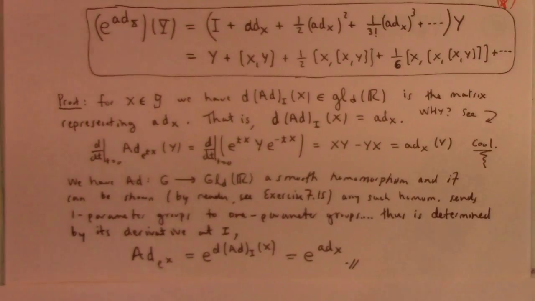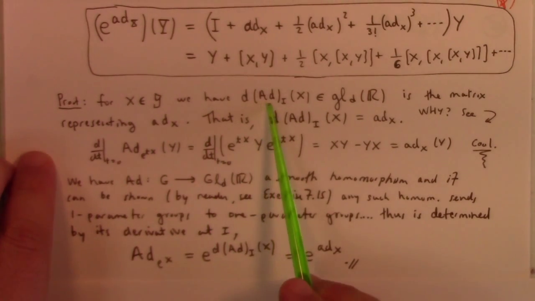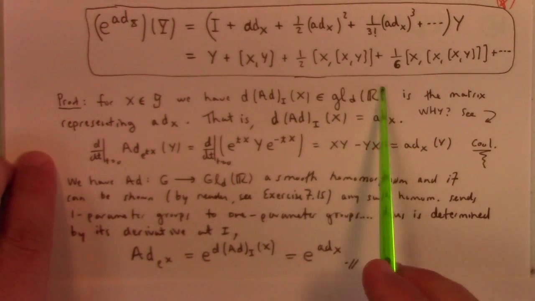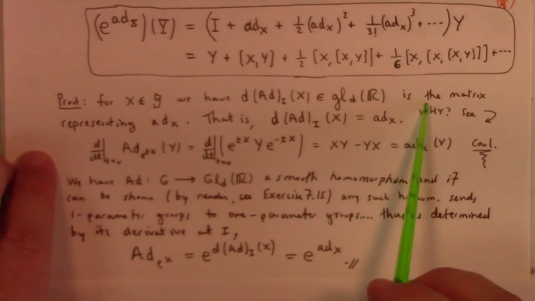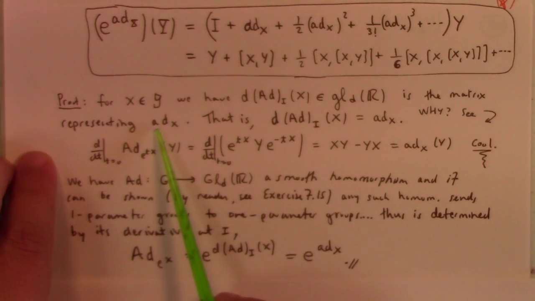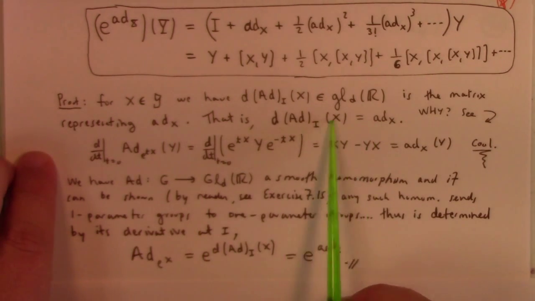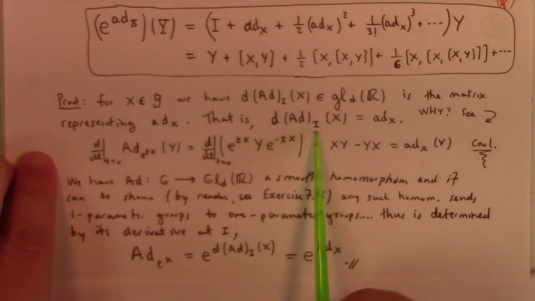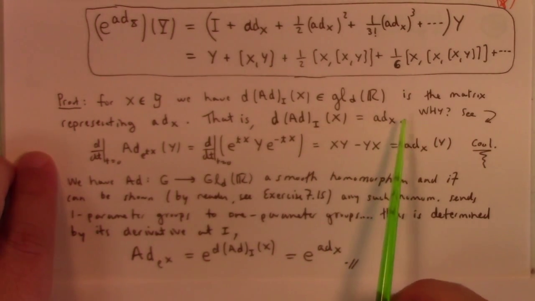For x in the Lie algebra, we have that the differential of the adjoint at I is an element of GL(d). That's a matrix representing ad x. That is, the differential of the big adjoint at I, applied to x, is equal to little ad x.